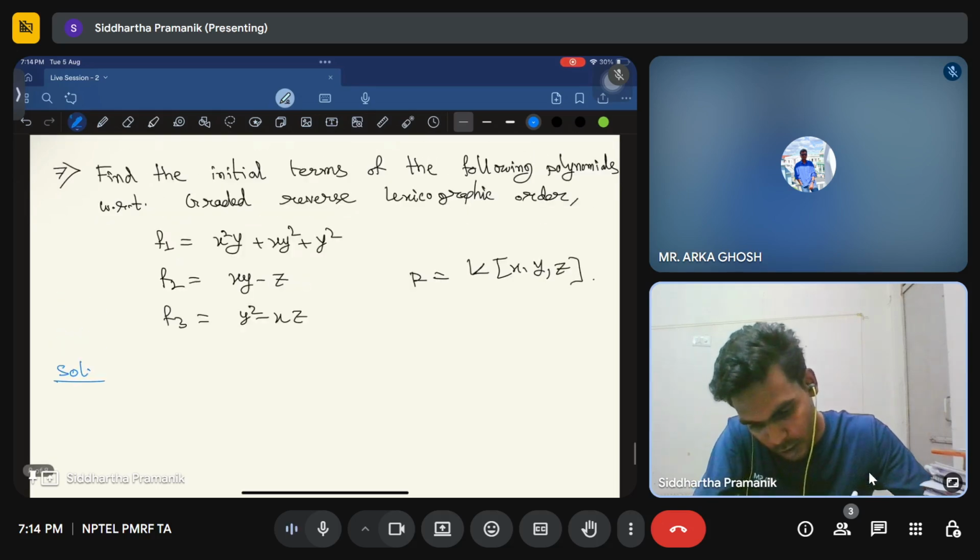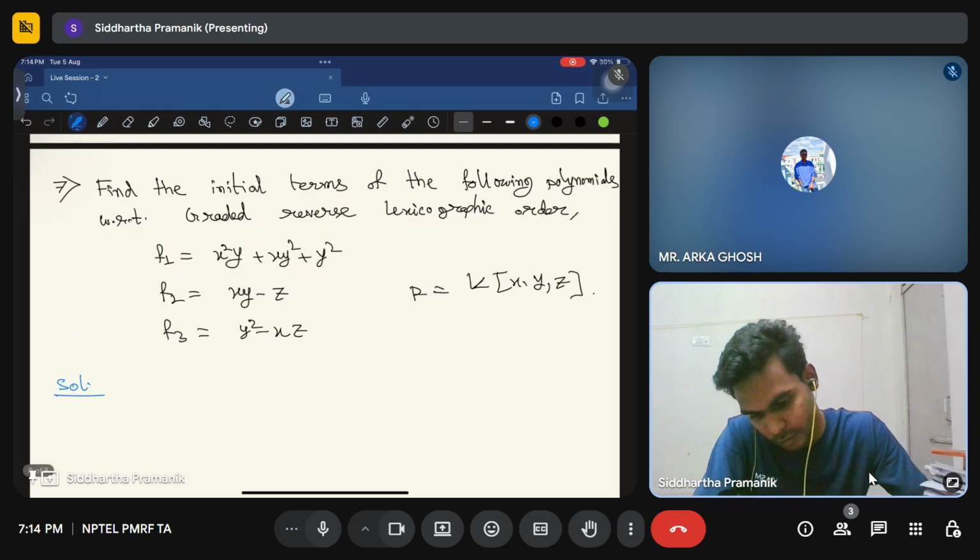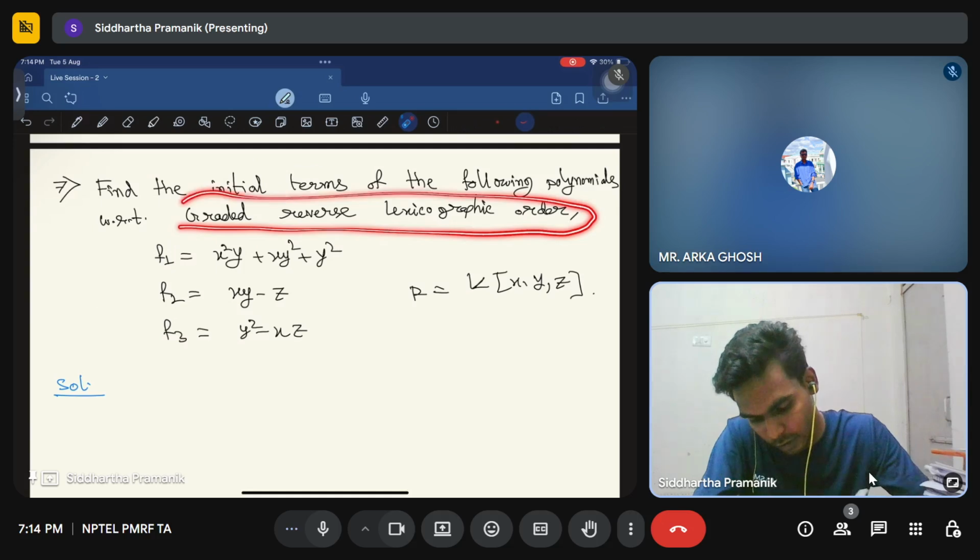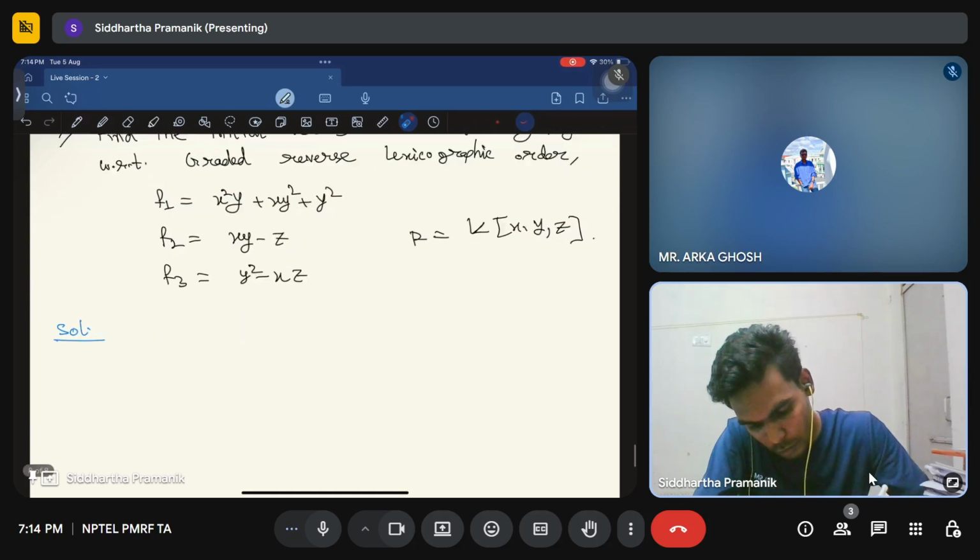First recall how the graded reverse lexicographic order is defined.